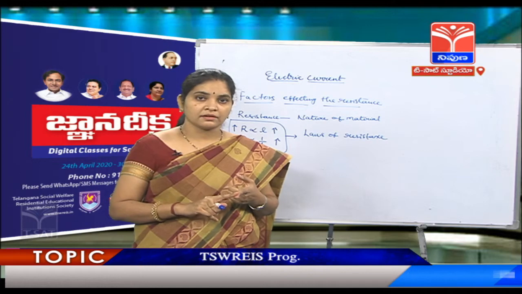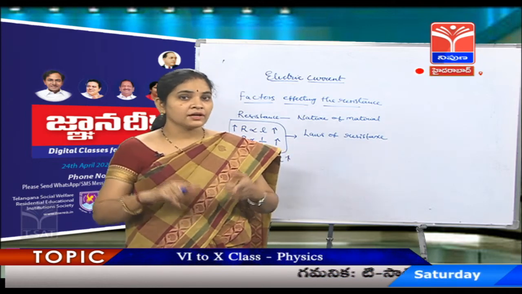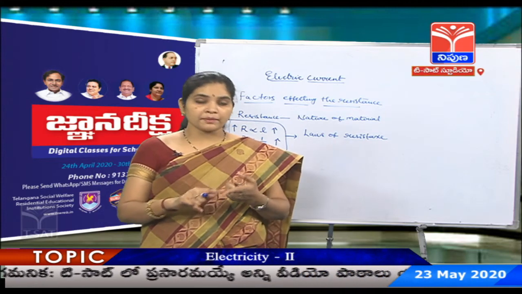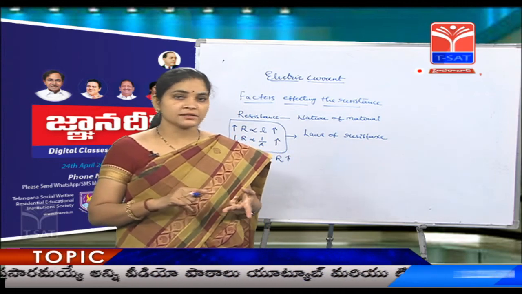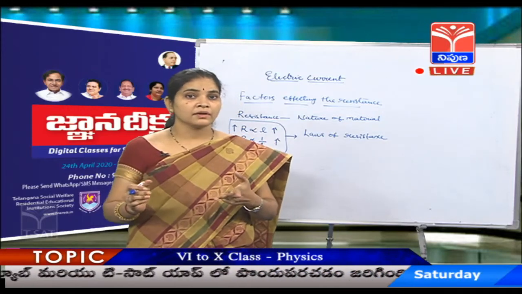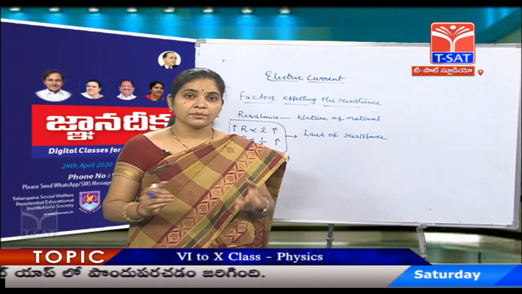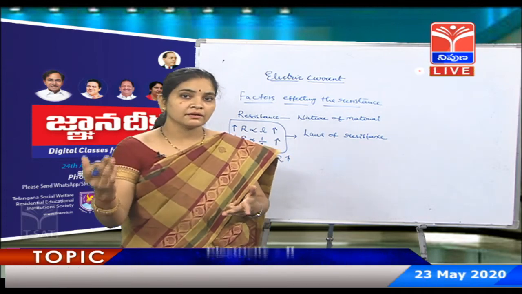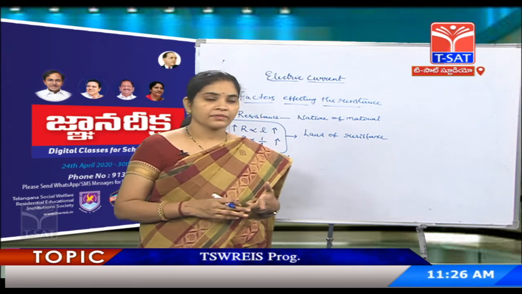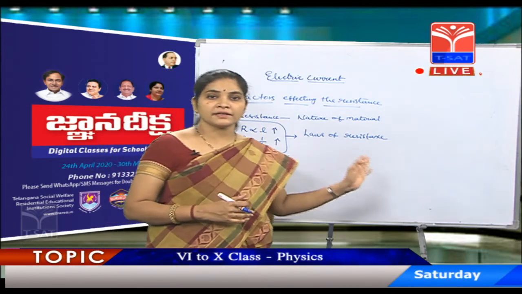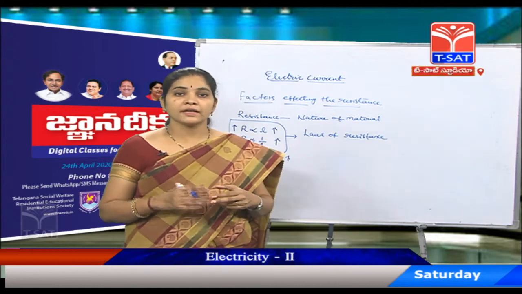Number 1, it depends upon the nature of material. For example, nichrome, tungsten, steel have high resistance. We cannot use them for power transmission because they get heated up immediately on passing electric current. Now the second factor is when the length of the wire increases, resistance also increases.